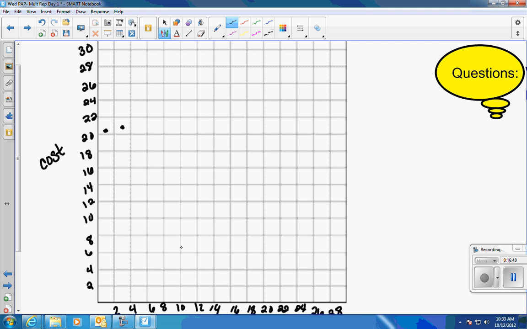So here's 10, and I need to go up to $22.50. And again, lining up your ruler on this can really help you estimate these values. And then 20, I was at 25. Notice it's making as straight a line as I can draw. You should be using a ruler.